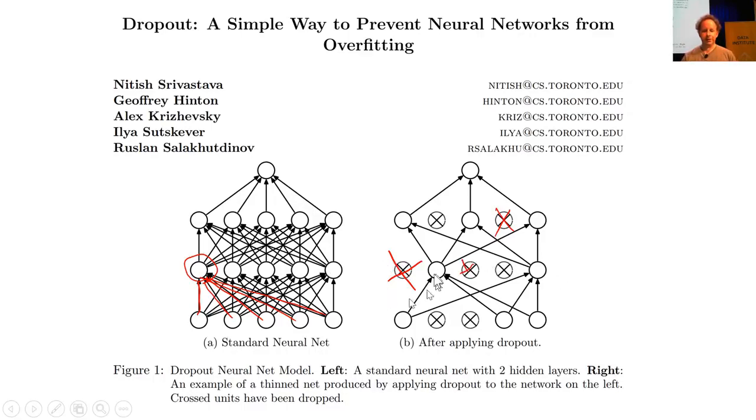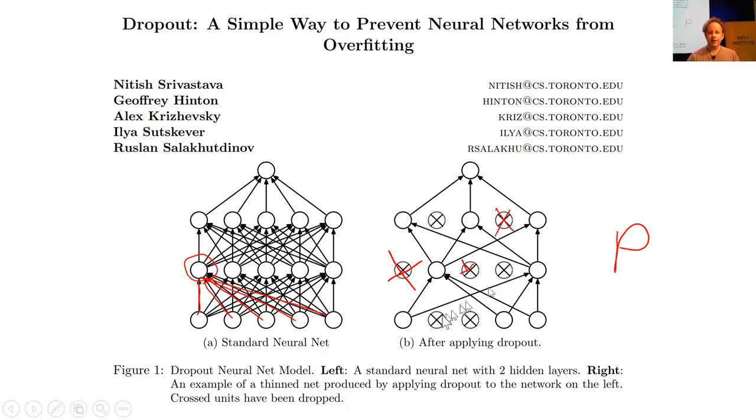When we throw away this activation, all of the things that were connected to it are gone too. For each mini batch, we throw away a different subset of activations. How many do we throw away? We throw each one away with a probability p. A common value of p is 0.5.